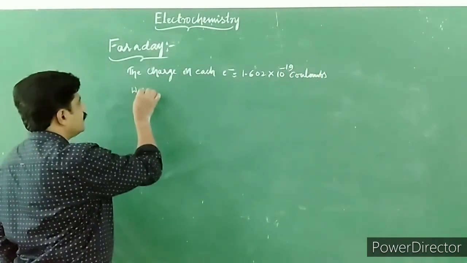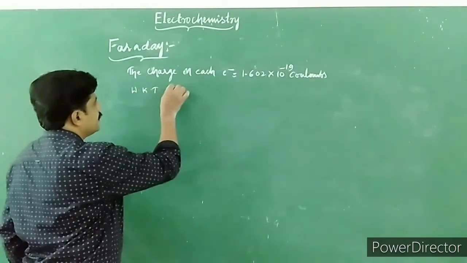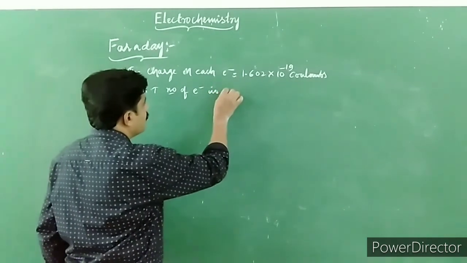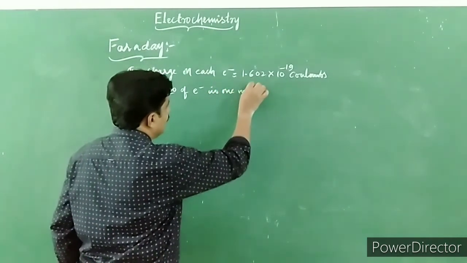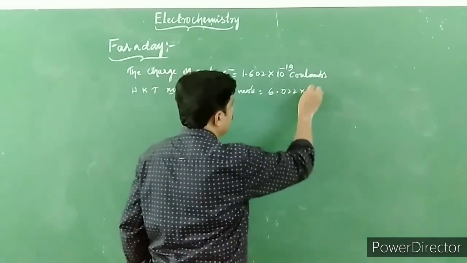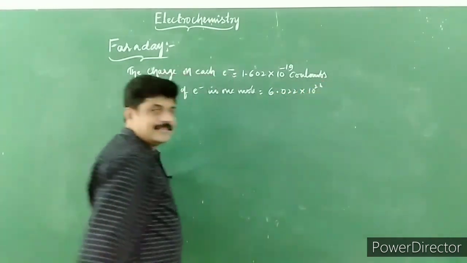Children, we also know the number of electrons in 1 mole, what is that? Avogadro number, 6.022 into 10 to the power of 23.